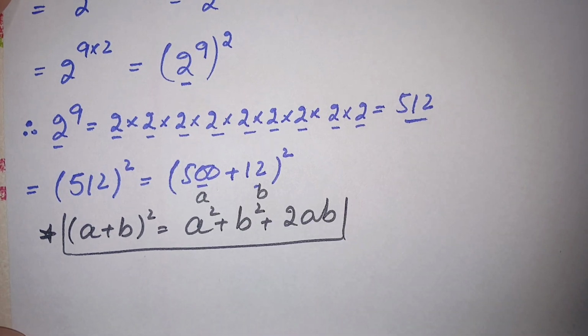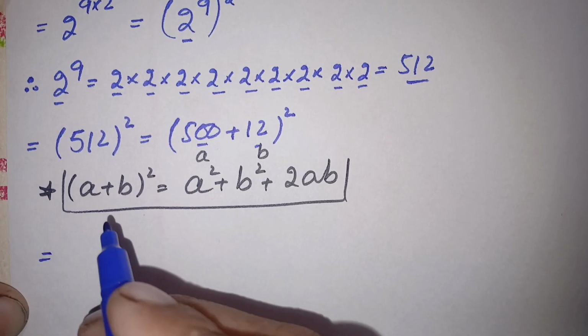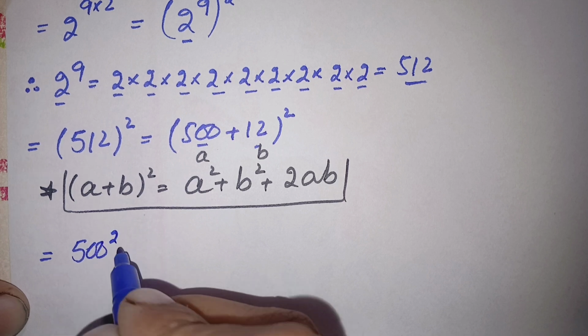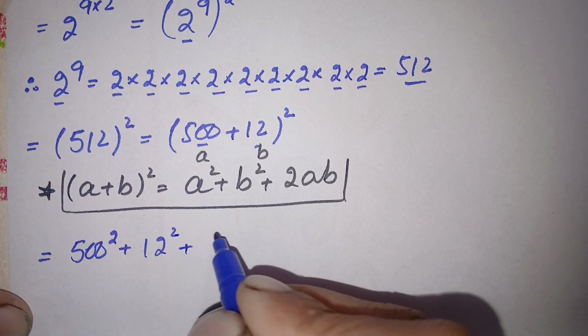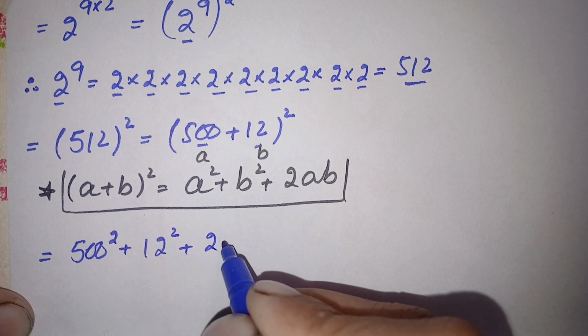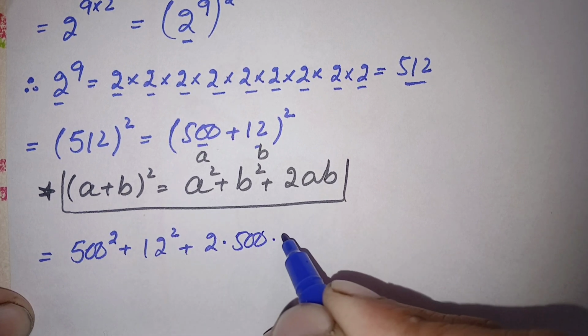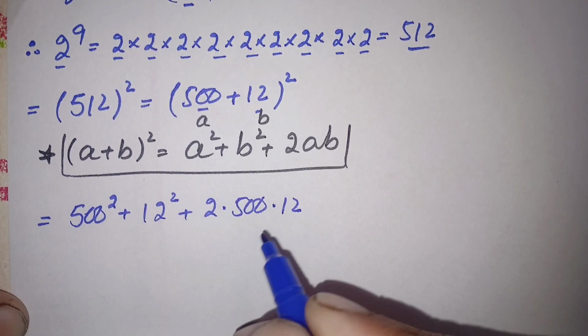So this number will become a square, a is 500 square, plus b square, b is 12 square, plus 2 times ab. Now 2 times a is 500 times b is 12. Let's simplify this right hand side.